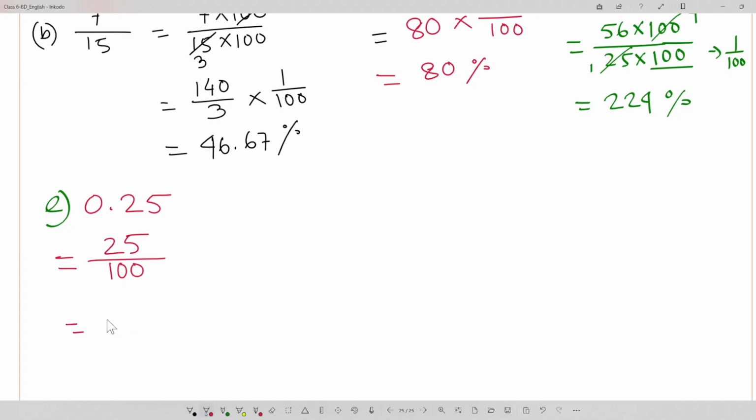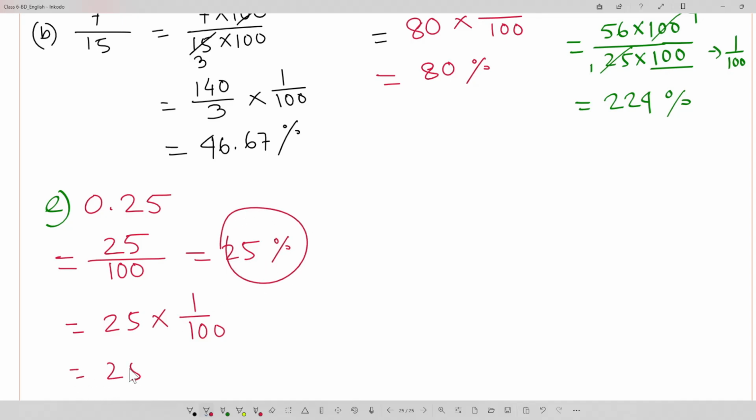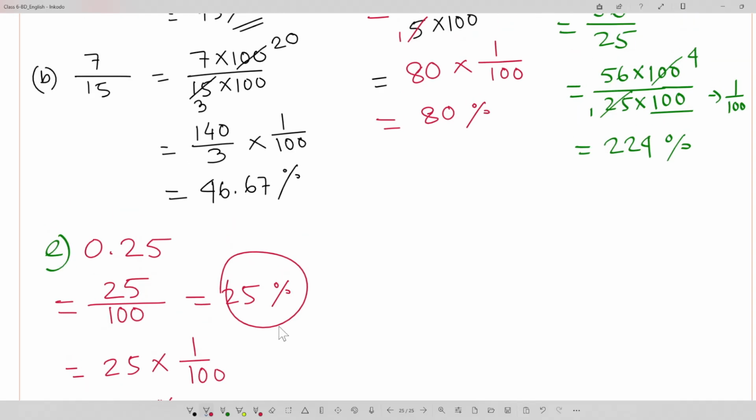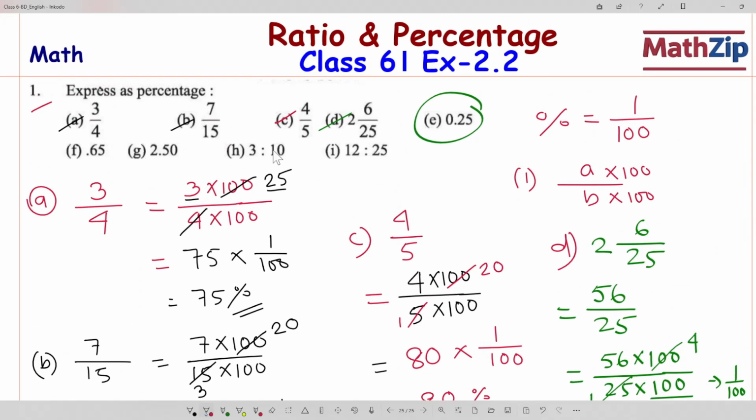We can write 25 times 1 by 100, or we can directly write 25, because 25 by 100 means 25 percentage. We can write directly, or we can write 25 against 1 by 100 percentage. Very simple. So number E done.